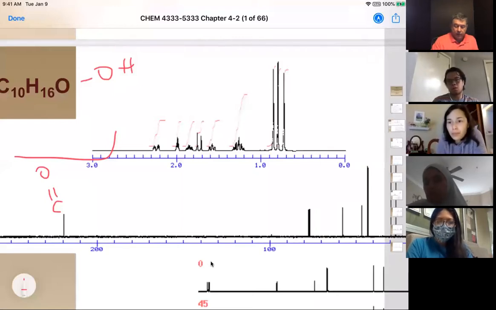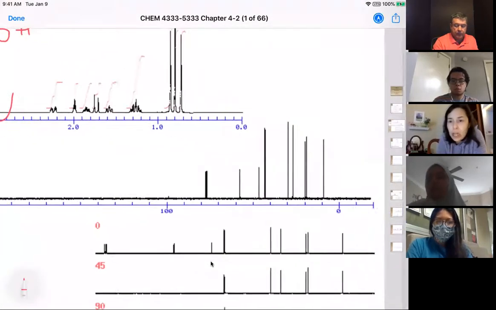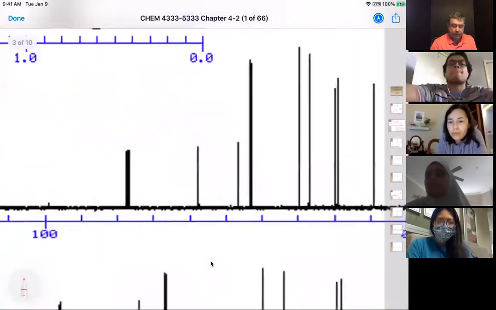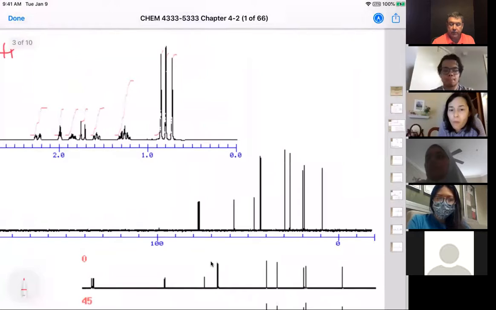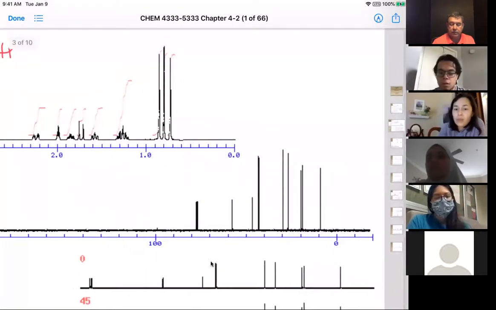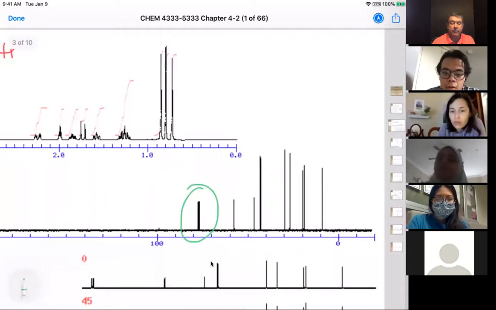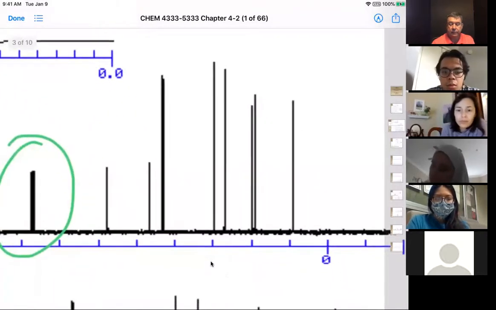Okay. So if we look at the rest of the carbon NMR, first of all, we want to look at this. This is solvent right here. This is chloroform right at 77 ppm. And we're going to blow up the rest of this here.